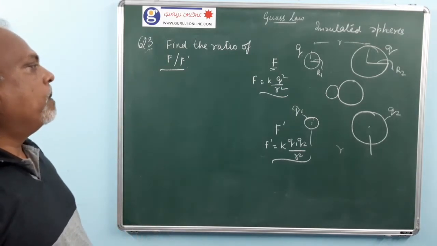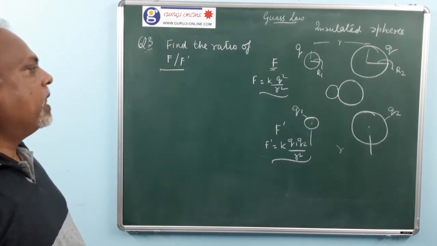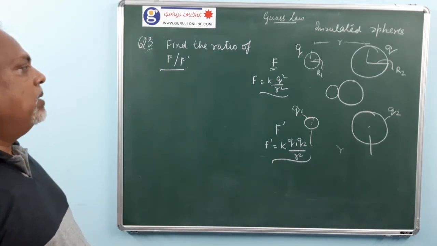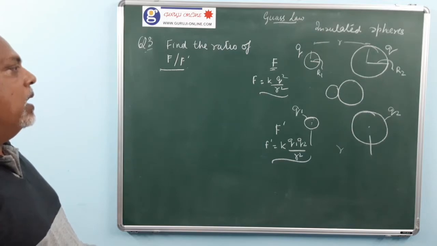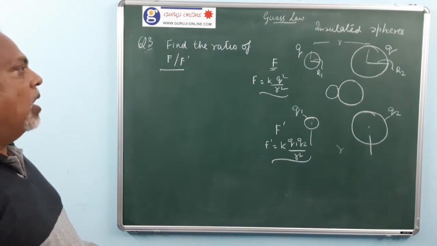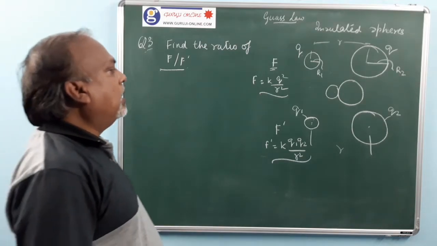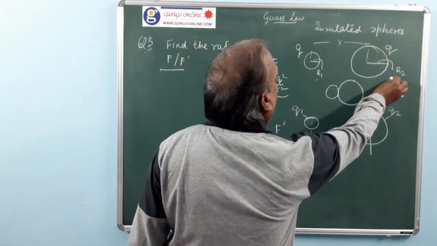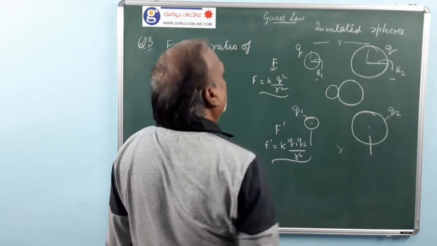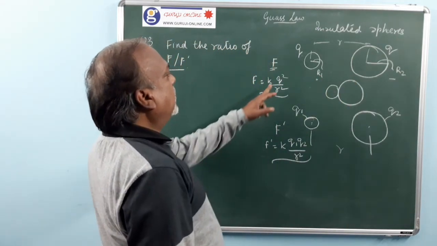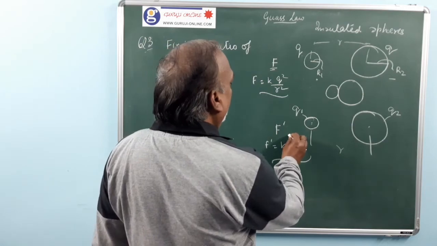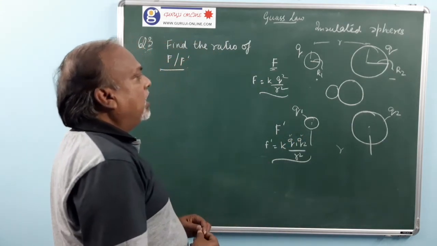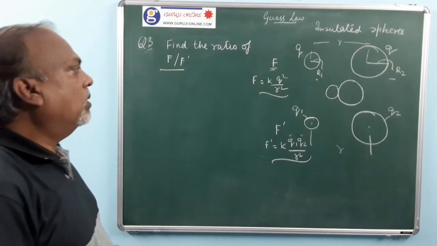Correct? But we have to solve the problem within the given parameters. We are given only R and of course Q. We don't know what Q1 is, what Q2 is. So, how do we find the ratio?